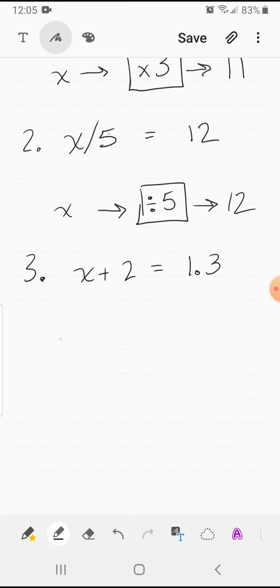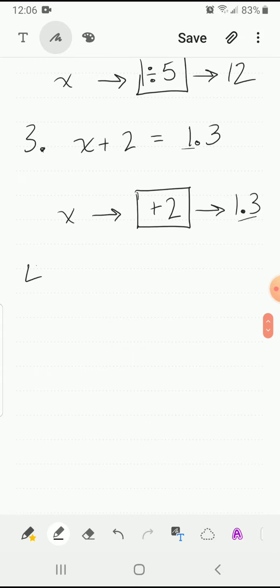Well, our input is going to be x. Our machine is right here, plus 2. And our output is 1.3. So we put x into this little equation. The machine is going to add 2 to it, and it's going to give us 1.3.